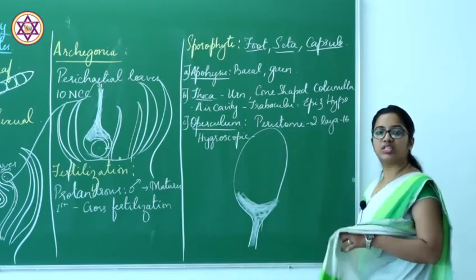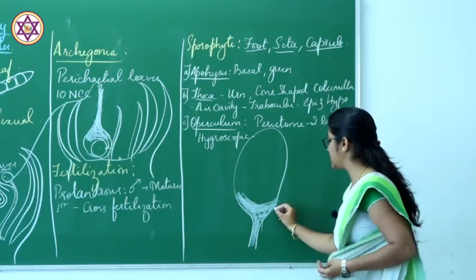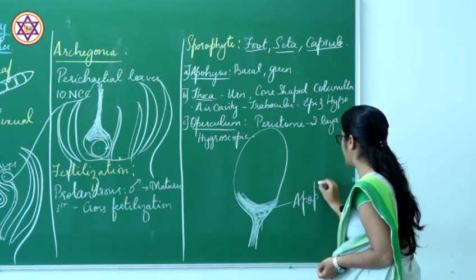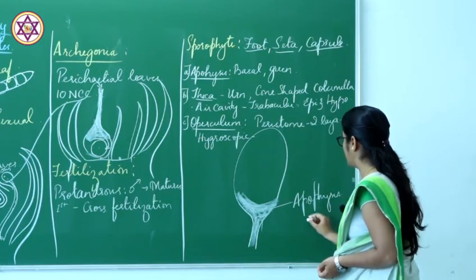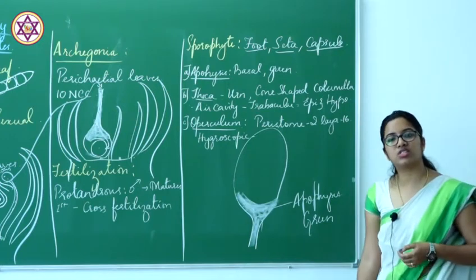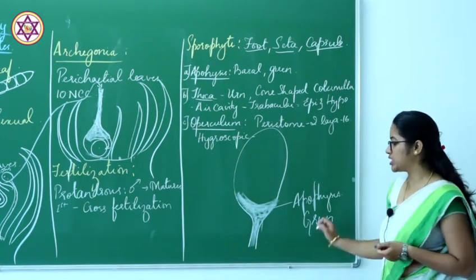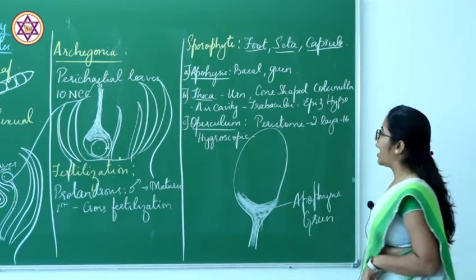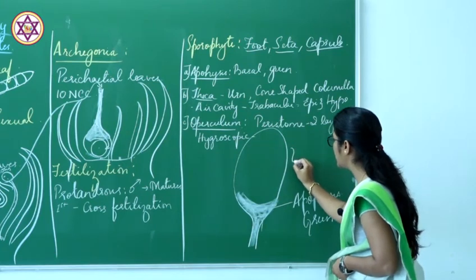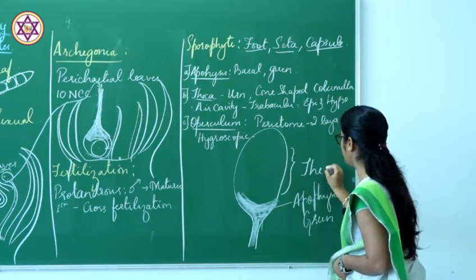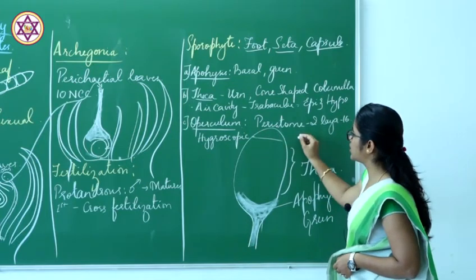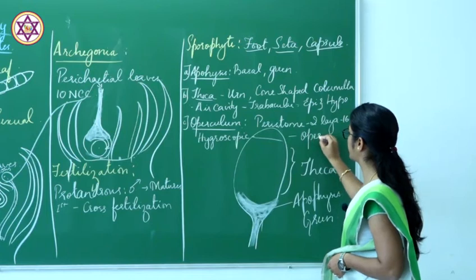So this is the apophysis region, wherein they are green in color. Since they are green in color, they consist of chloroplast, chlorophyll, which takes up photosynthesis. Then you will find that the middle region is called the theca, and the tip region is called the operculum.